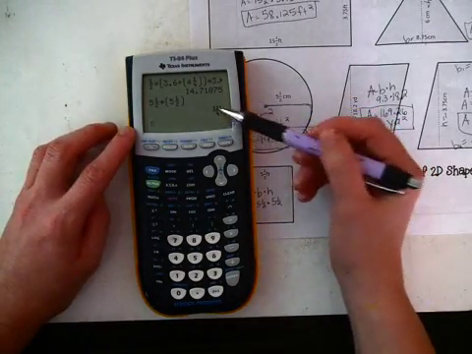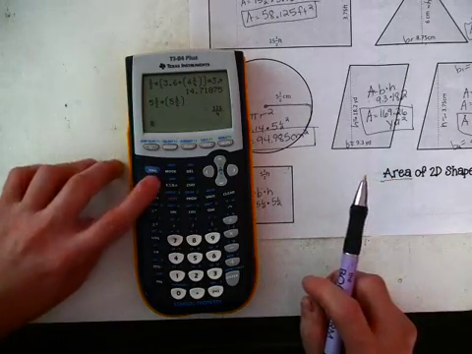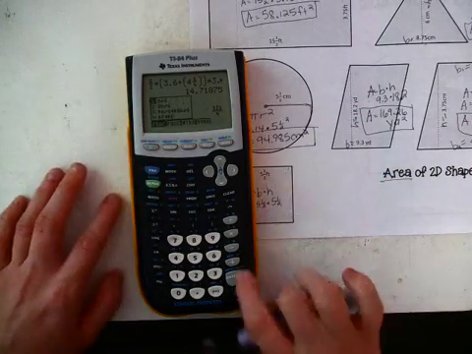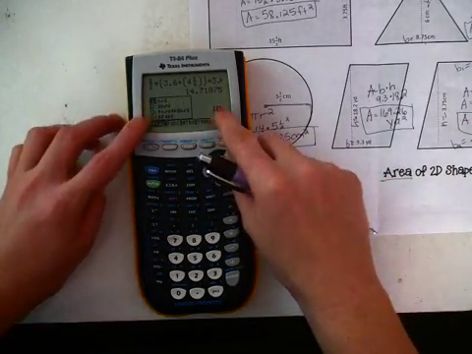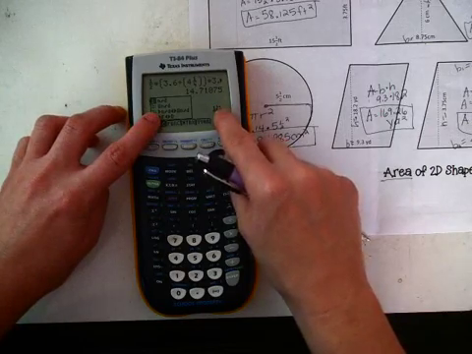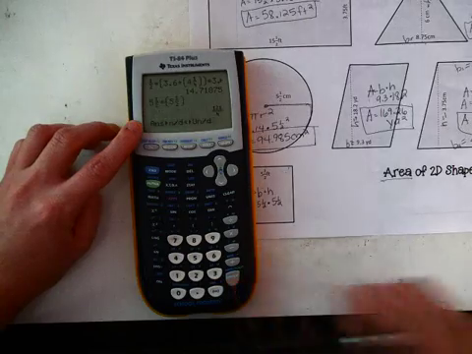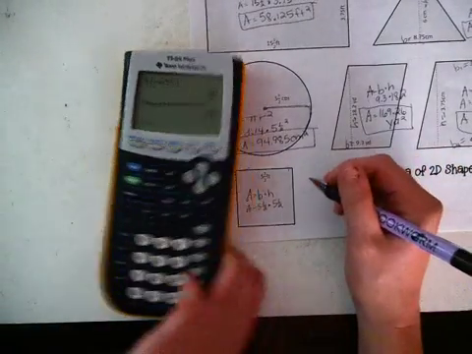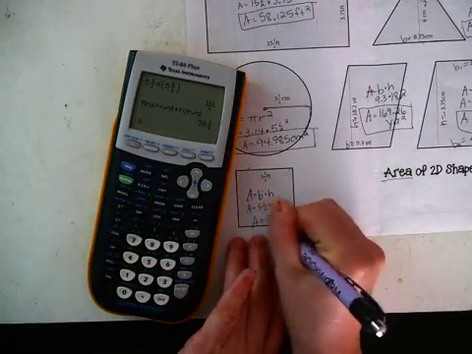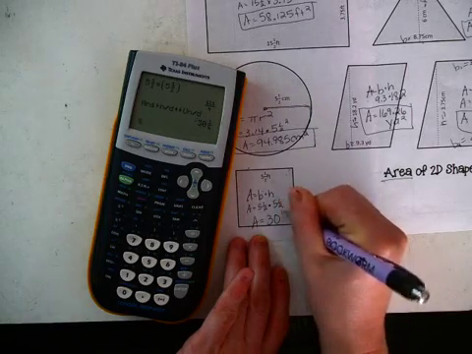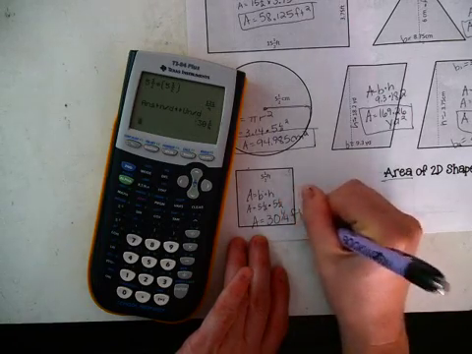I don't really want it like that, so I'm going to change it from this improper fraction into a mixed number. A equals 30 1/4 feet squared.